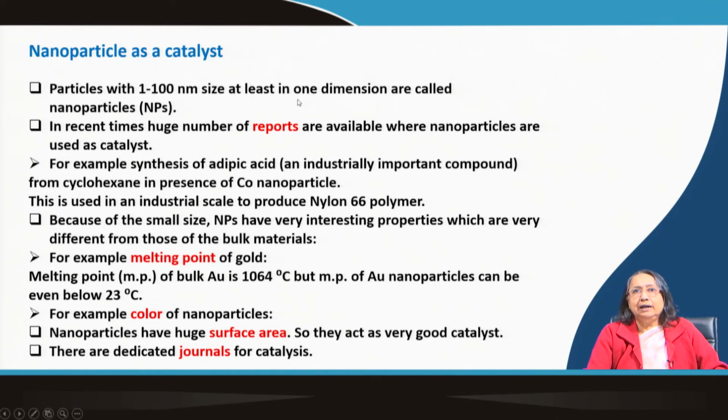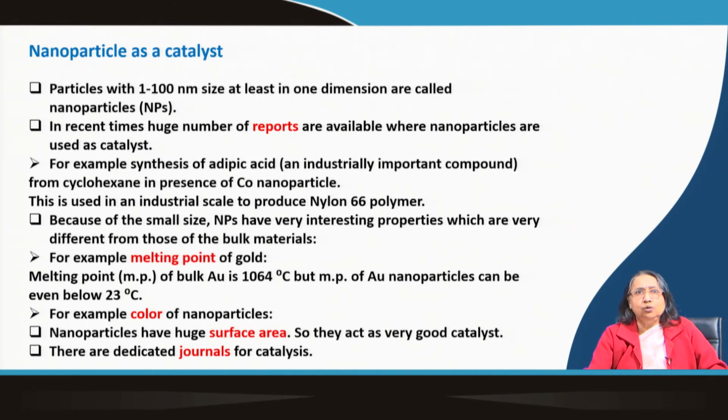Why did I say in one dimension? Think about a wire, for example. The diameter of that wire is, say, 50 nanometers, but the length of the wire may be 1000 nanometers. My question is whether it will be called a nanoparticle or not.